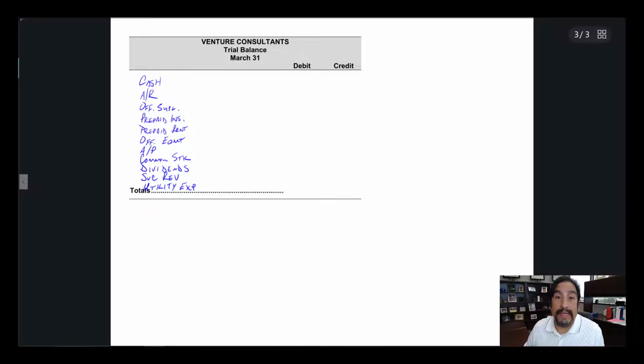So those are all of the accounts that I had journal entry pieces for. Our chart of accounts will have many more accounts in it, but these are just the ones that we used.